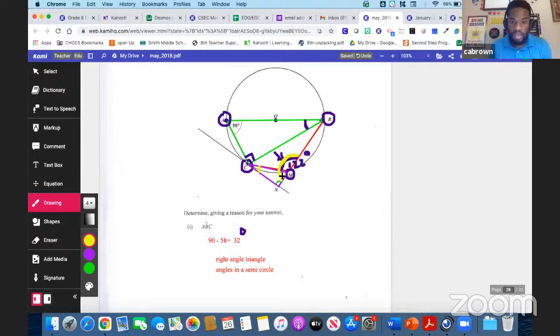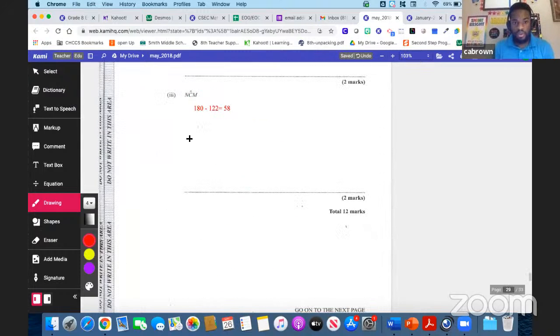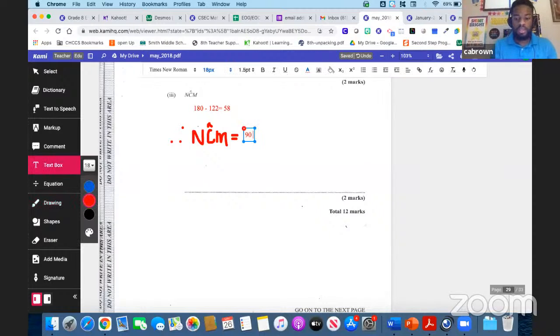So right here, again, oh, yellow doesn't work right here. So right here is 58. Now, if we know that right here is 58, we know right here is 90 degrees. We can go ahead and subtract 58 from 90 to get this angle right here. So therefore, NCM is equal to 90 minus 58, which is 32 degrees.